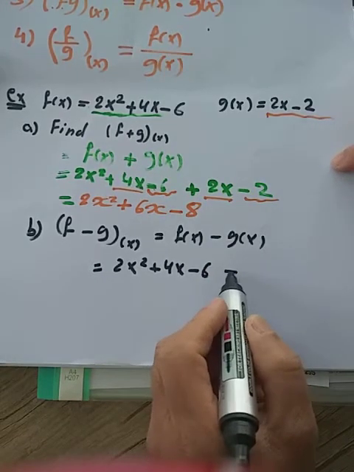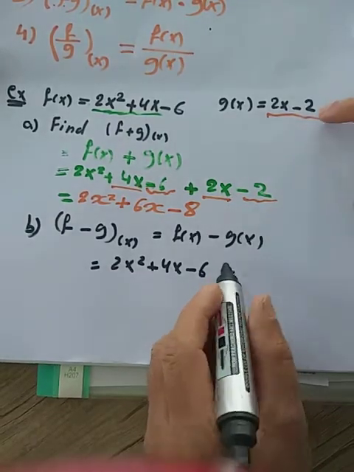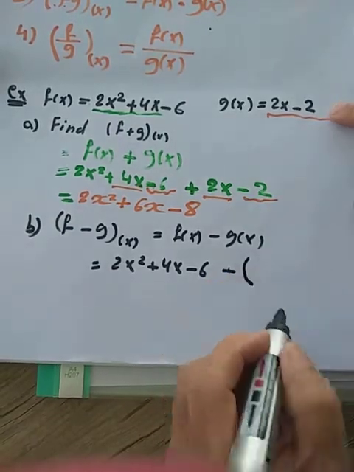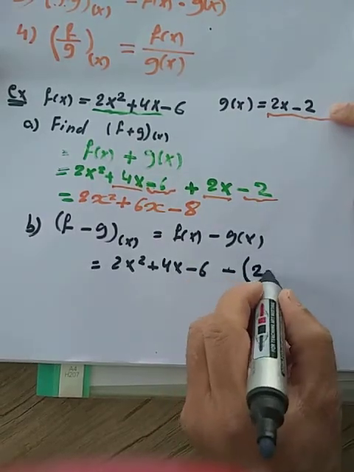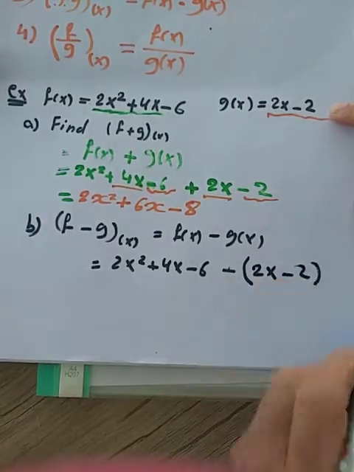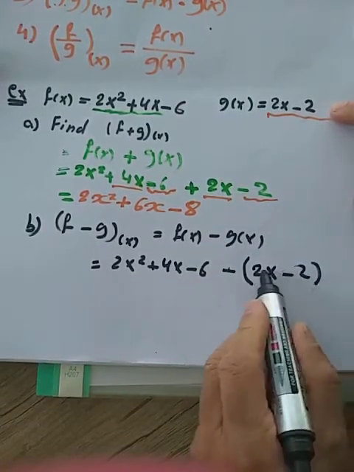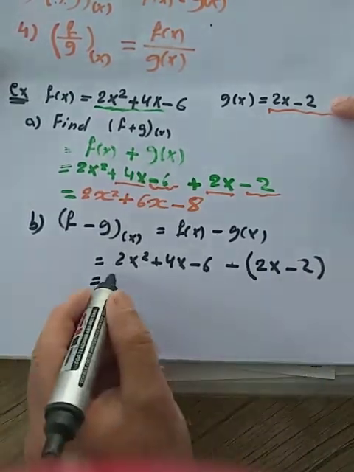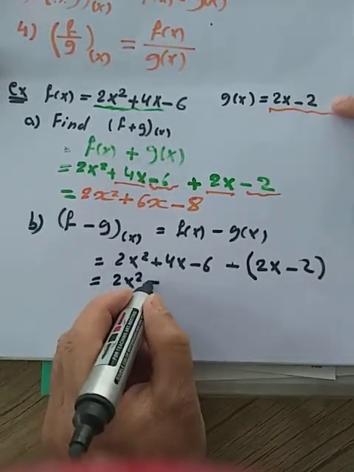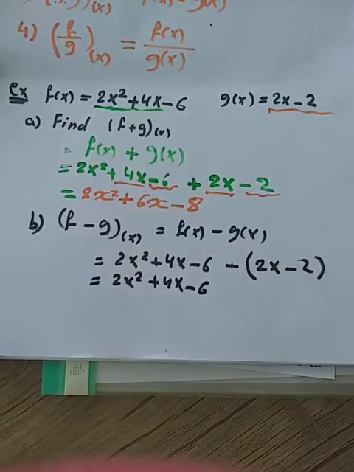We have a negative sign, so when writing g of x, don't forget, please, write the bracket: 2x minus 2. Then remove the bracket, as you know.